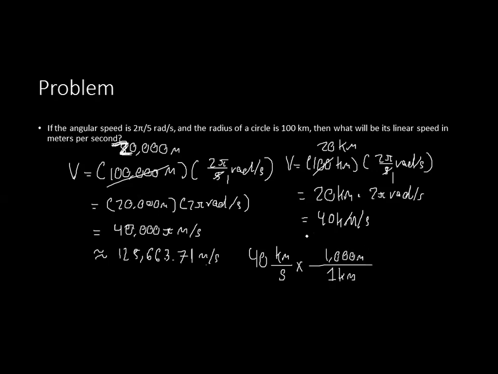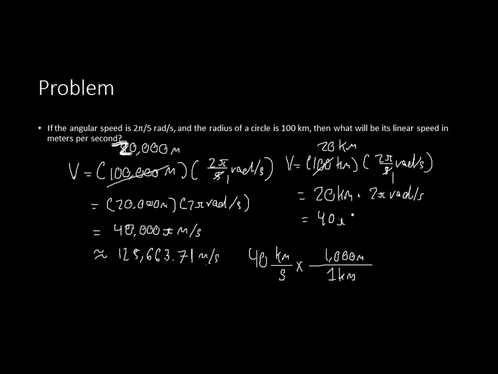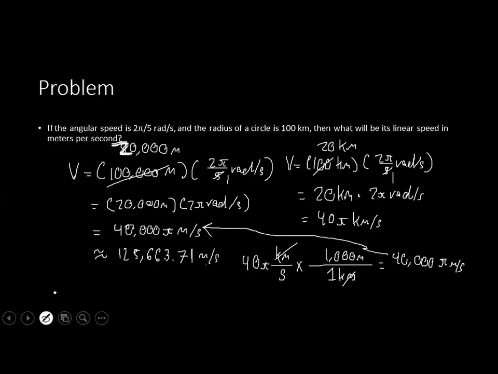I forgot to put the pi here, so let me fix this up: 40 pi kilometers per second. Cancel the kilometers, and what you will have here is 40,000 pi meters per second. See, they're just the same.